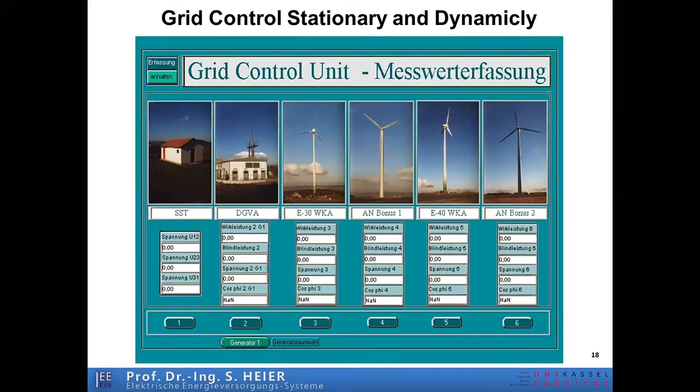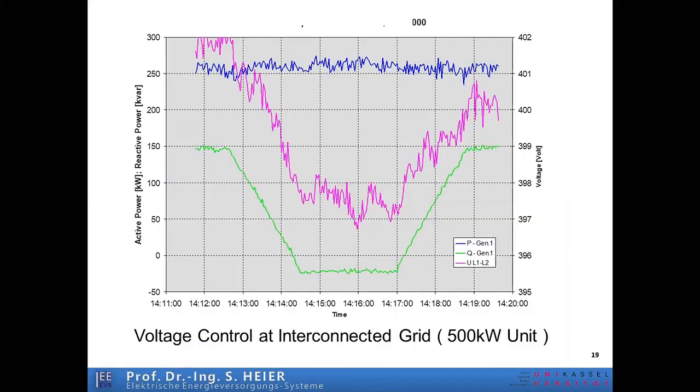In the 90s, I started the grid control by wind turbines, and here you see this measurement system, and we have shown in our interconnected grid here near Kassel that we can change it in this time. It was a 500 kilowatt turbine, in 95 about.